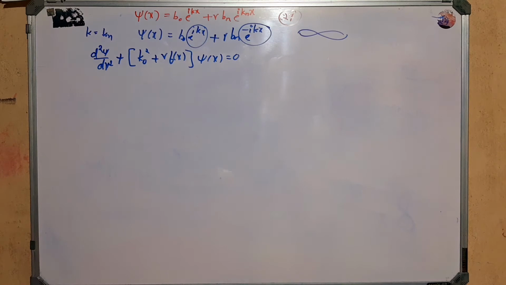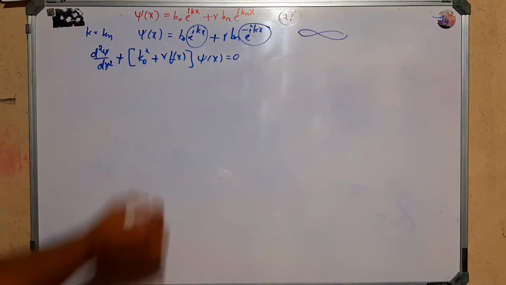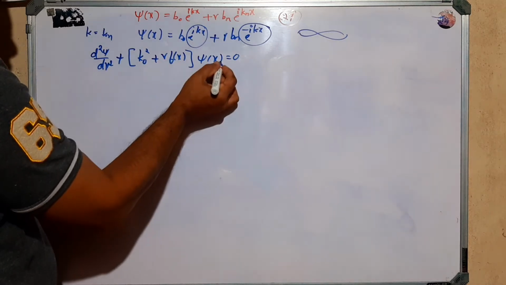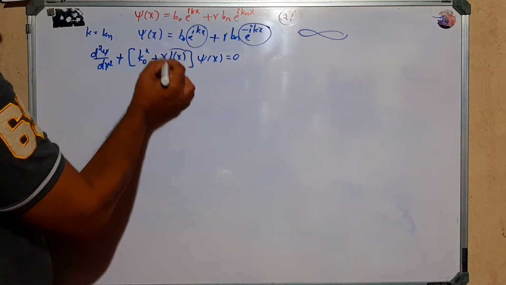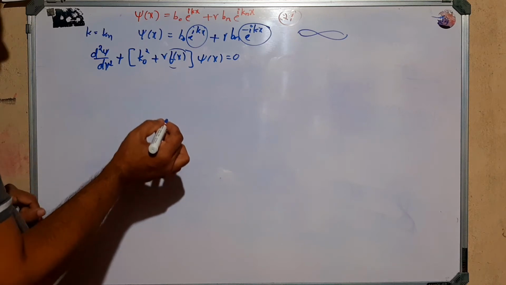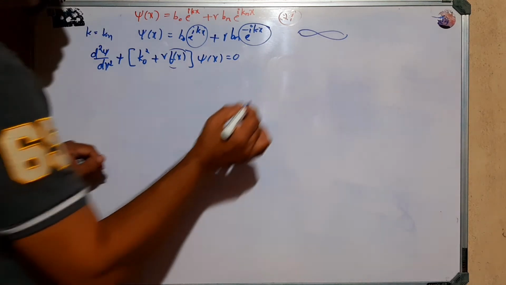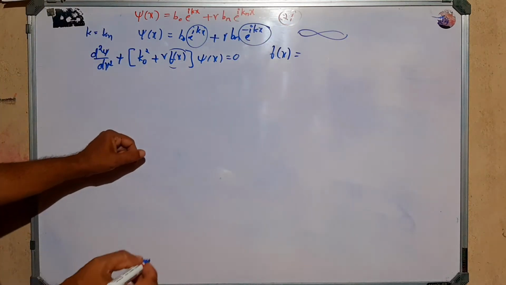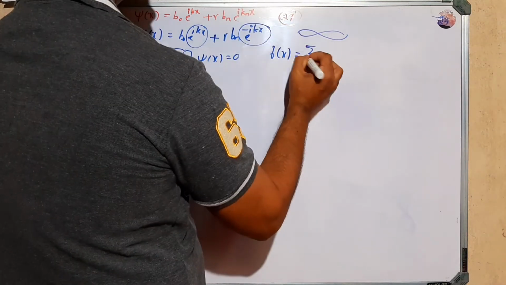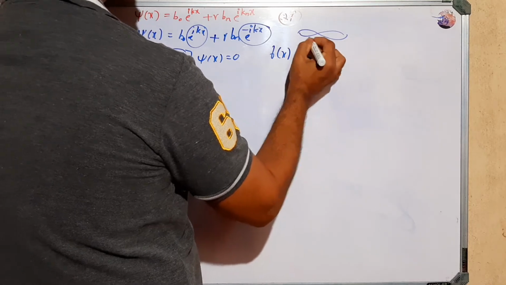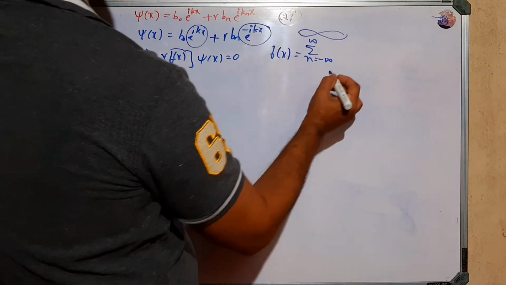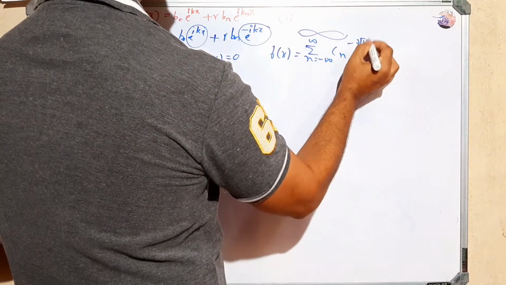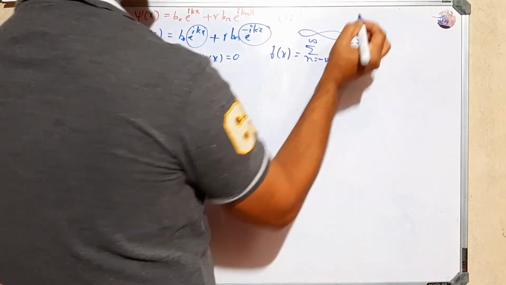In this expression, you have to substitute for d²ξ/dx², and also for ξ(x), and also replace f(x) by its expression. As you know, f(x) is the sum over n from minus infinity to plus infinity of Cₙ e^(−2πinx/a).